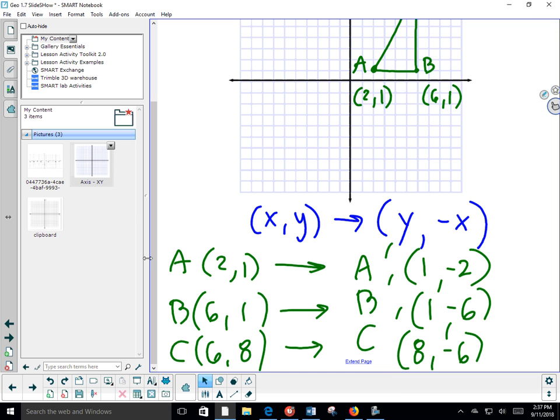So what does it look like when you plot these? Have you graphed these 3 points yet? Go ahead, I want to see what happens. Oh, this is weird. It's like flipped.